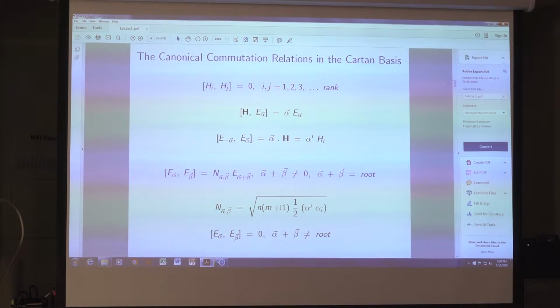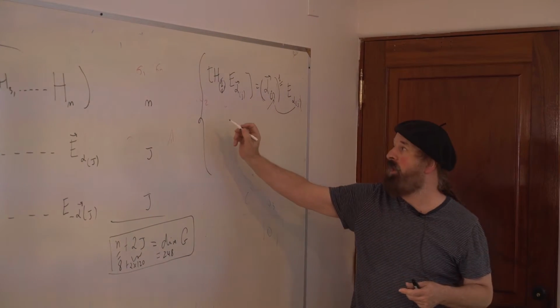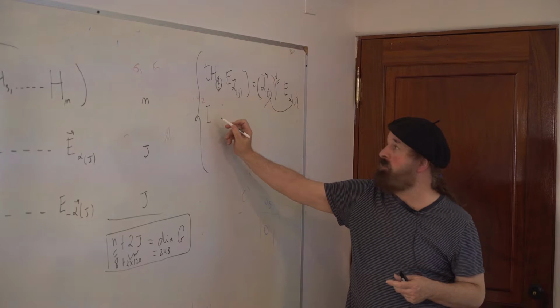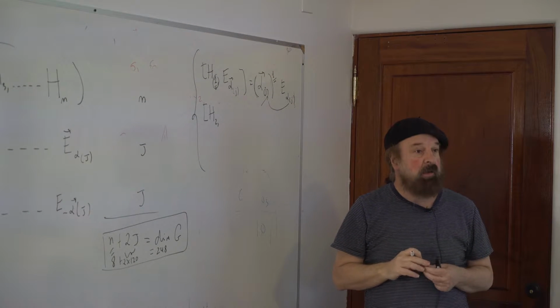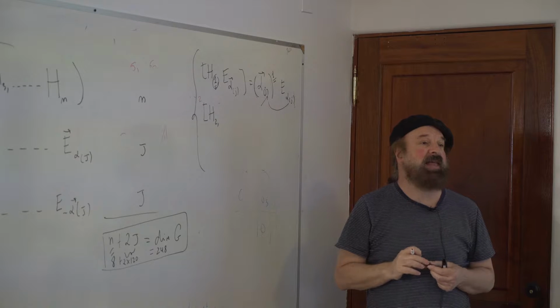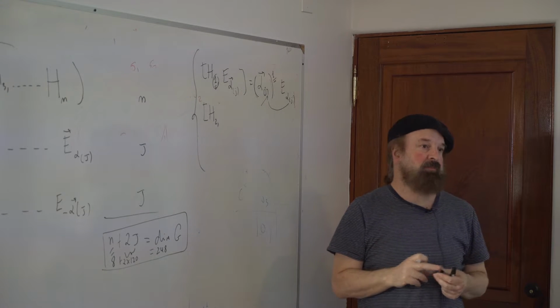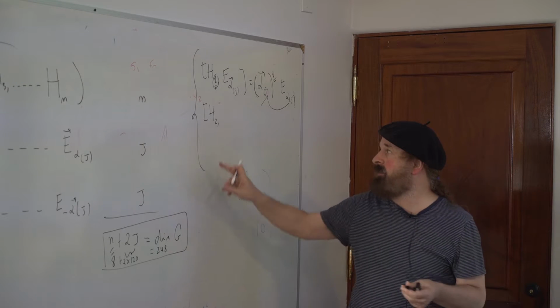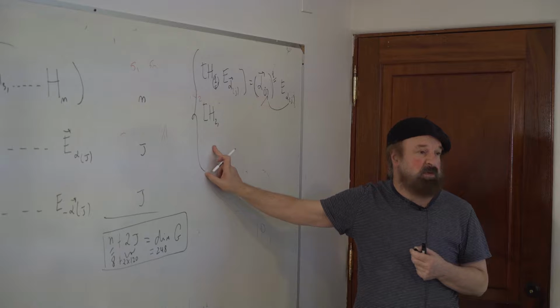Okay, let's suppose I repeat this equation. Let's repeat this with Cartan generator number 2. The first one is my first Cartan generator, in my Cartan basis, of course. Let's go to Cartan generator number 2.